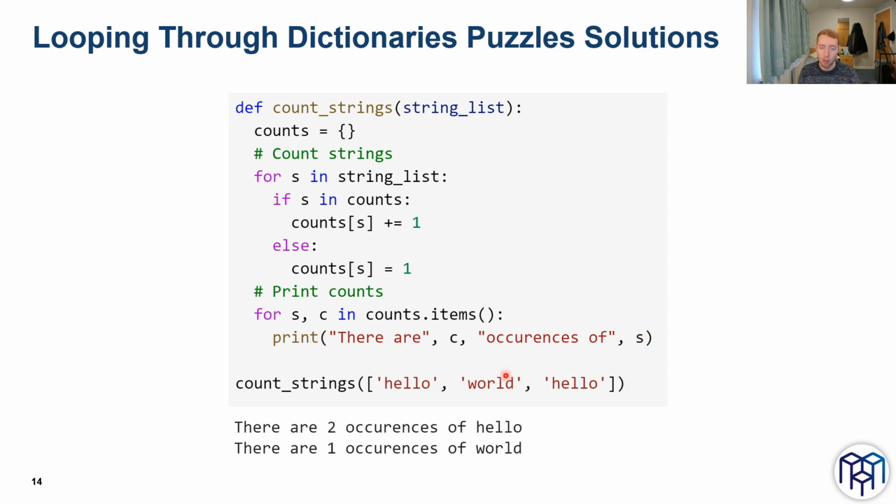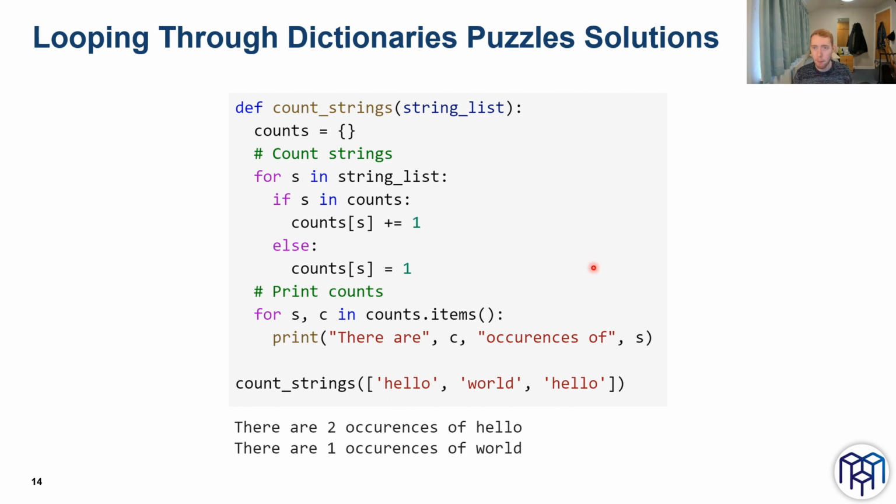We can run this on the list of strings hello, world and hello, and then we get this output here. Notice I didn't put in the special grammar, so it should say there is 1 occurrence. But you can do that. If you look at these solutions online, there's the full way of doing that with correct grammar.